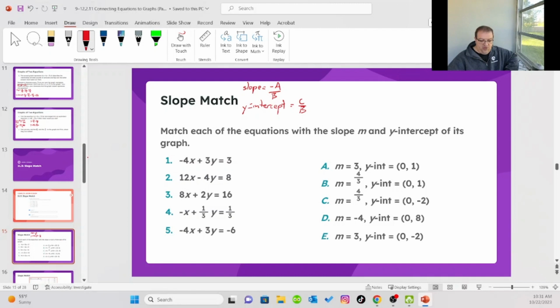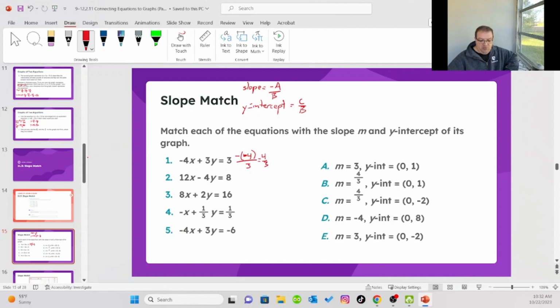So in this one, I'm going to have a slope of negative 4 divided by 3. Negative becomes positive, so I have a slope of 4/3.